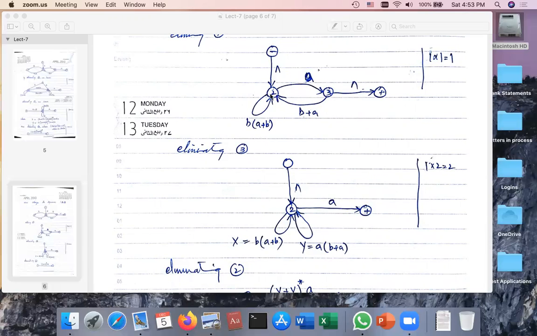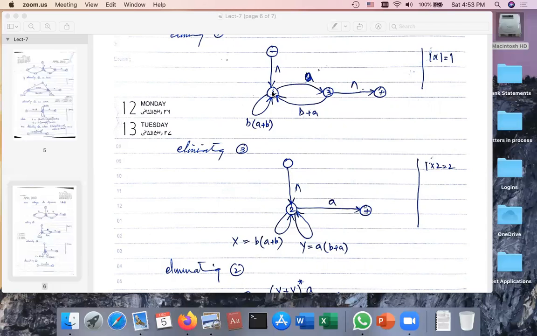If I remove this one, then from 2 I can take A and reach the final state. A and then null is an automatic, implicit transfer. So I have to introduce two edges. This is one edge with A to reach the final state.